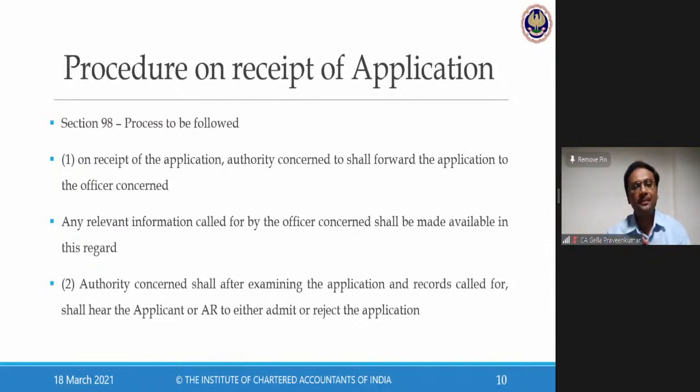Assuming I have floated a tender, I got a contract awarded for 50 crores. For some reason this contract was cancelled. As a part of the cancellation, 20% of that contract value is given to me. Now I've asked the authority a question, please examine whether it's a supply or not.